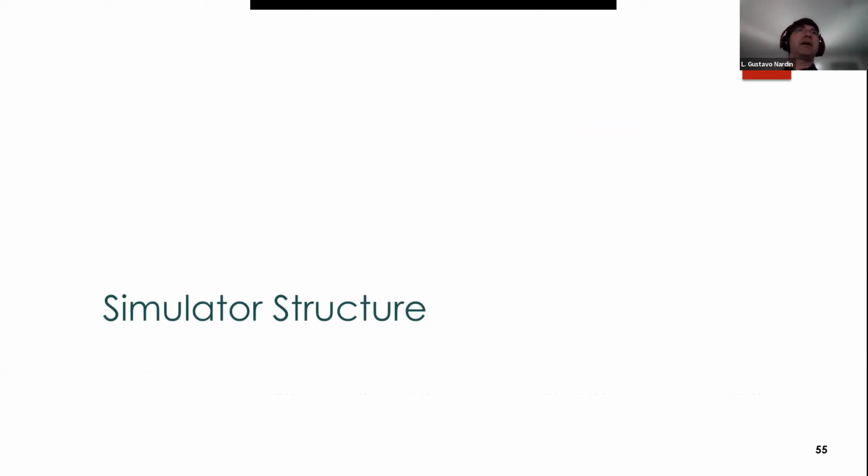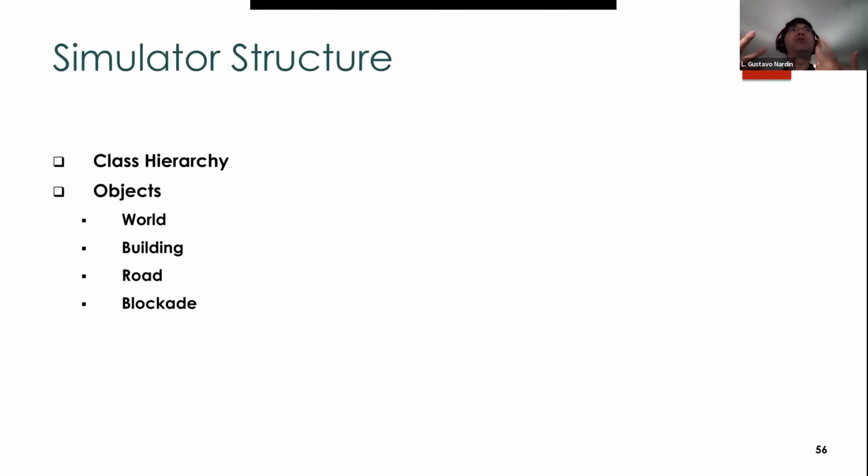So up to now, we saw how the dynamics happen, how to run the simulation, and how to create new scenarios. But under the hood, meaning how things are implemented in development terms, the simulator is a Java-based simulator, and it follows an object-oriented paradigm.